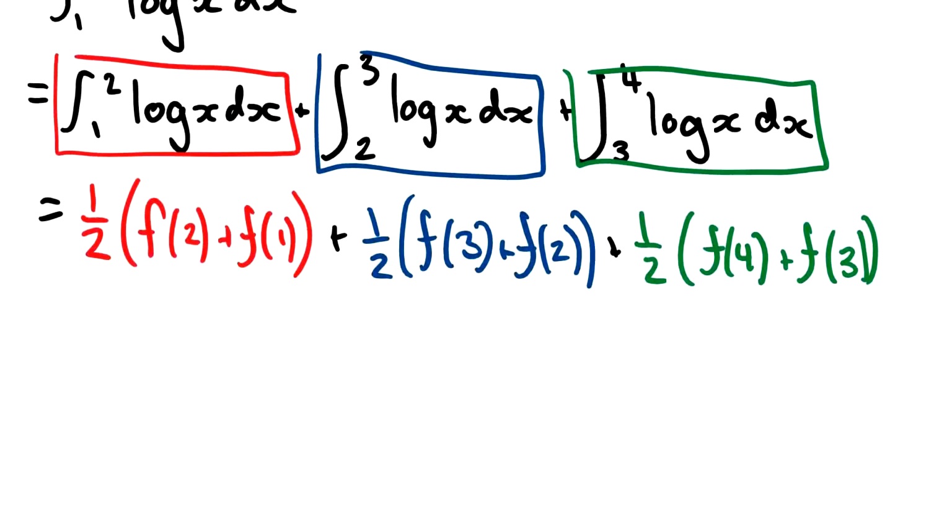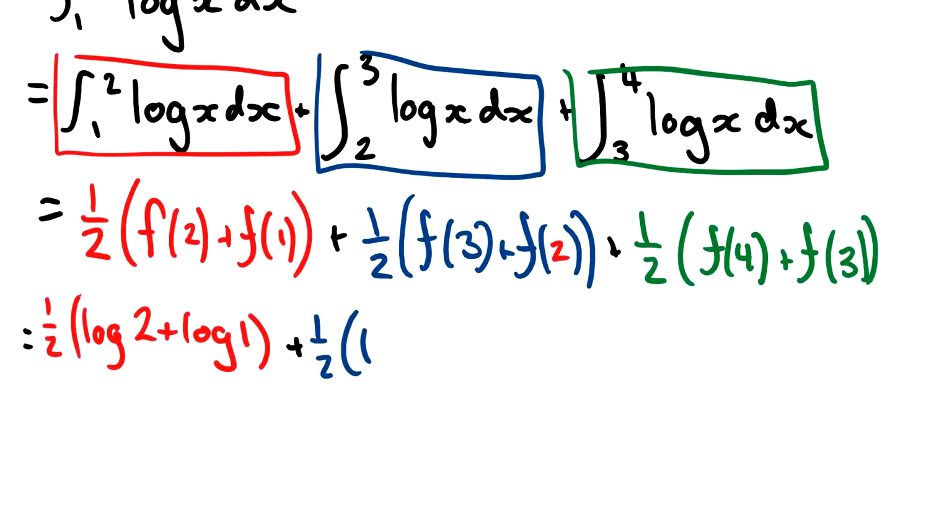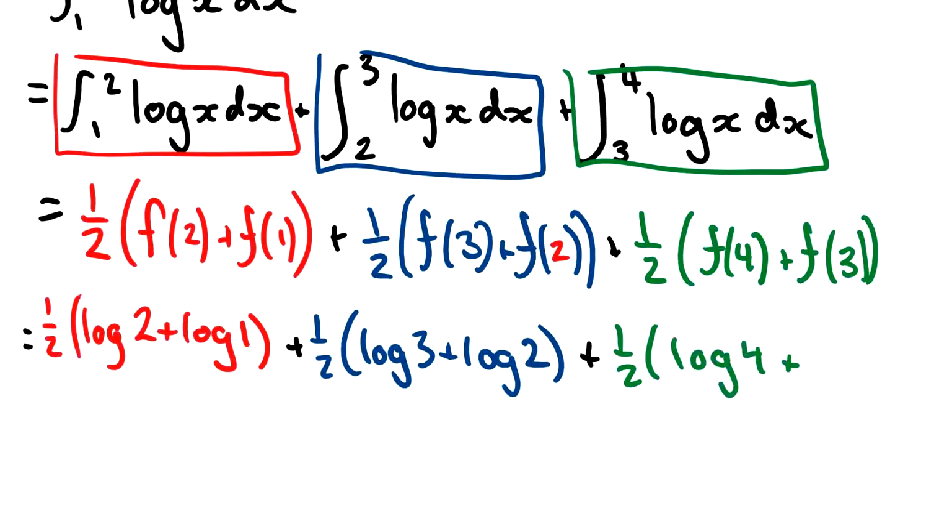So what that turns into, and again I'll keep the colors going, we get a half of log 2 plus log 1. Then we get a half of log 3 plus log 2. And last one, a half of log 4 plus log 3. And that gives us an approximation of 1.8.